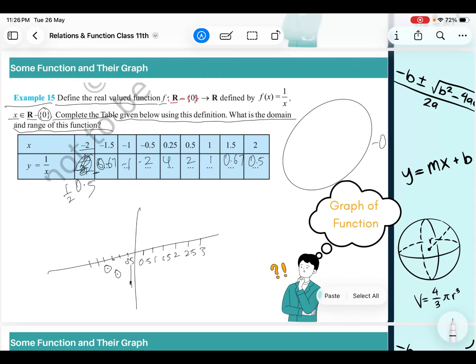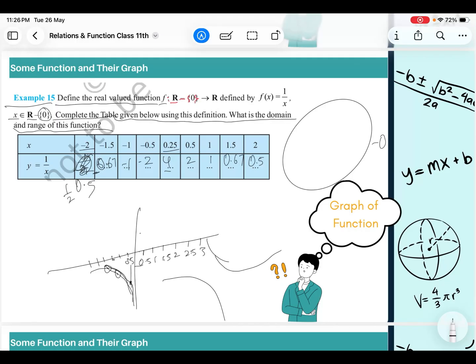Then we have 0.25 and 4, somewhere like this. So you see this is bending, right? I have not drawn it perfectly, but if you see, it's bending like this. And here I think it will be like this.